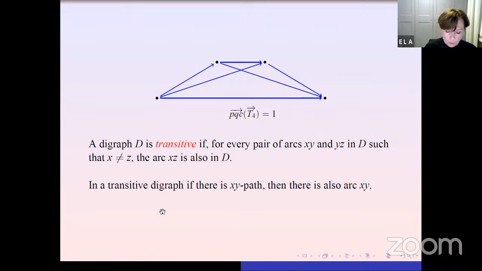From the definition, we have the following property of transitive digraphs: in a transitive digraph, if there is an xy path, then there is also an arc xy. From this property it follows that every transitive digraph has the proper quasi-connection number equal to 1.